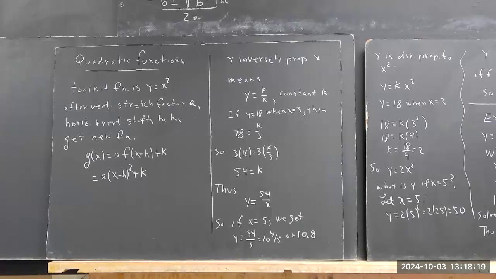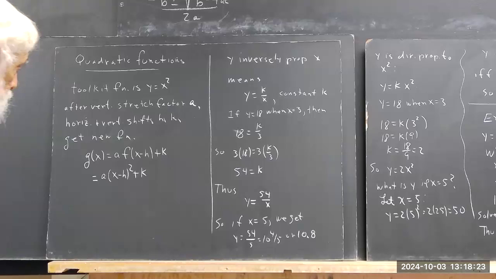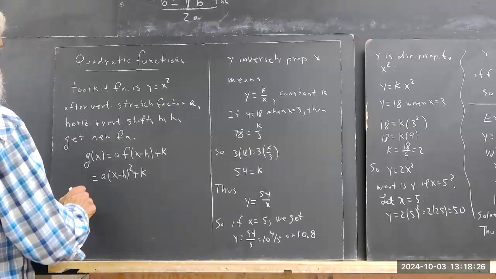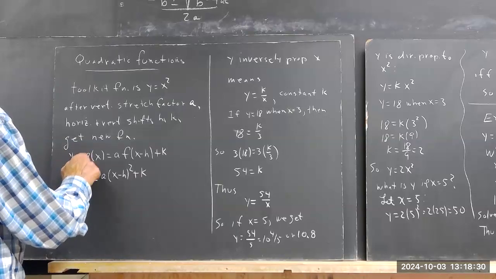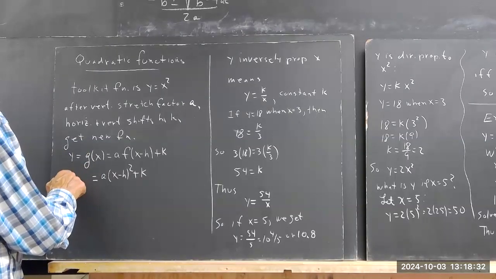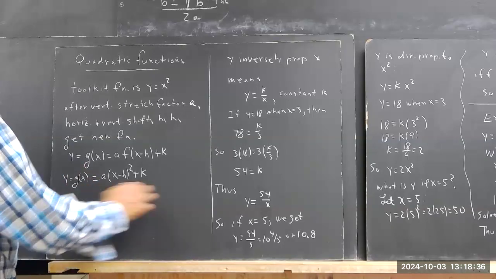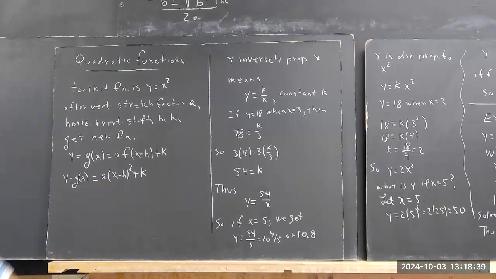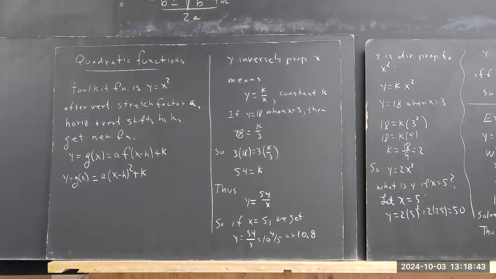And if you know what A, H, and K are, you've got numbers here. We'll do something with numbers shortly. There it is. That is your general quadratic function. Every quadratic function has that form.